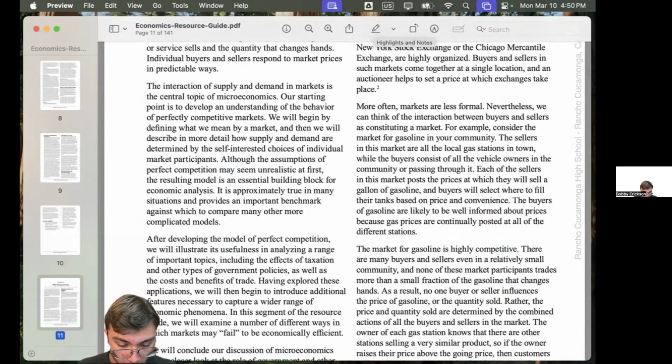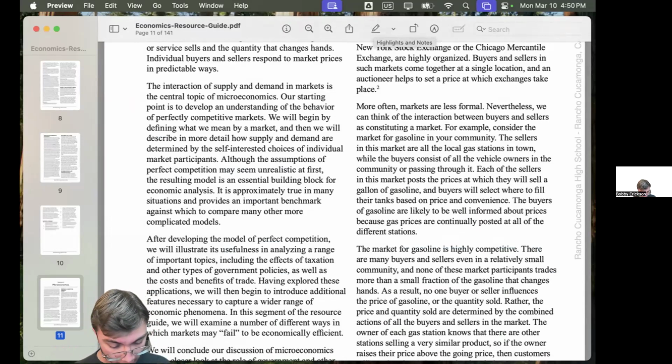And so we must first, in order to understand supply and demand, understand what it means for there to be something called a perfectly competitive market. We're going to start this section by talking about what a perfectly competitive market is and what we mean by a market, and then getting into self-interested choices. So, how do individuals make decisions?